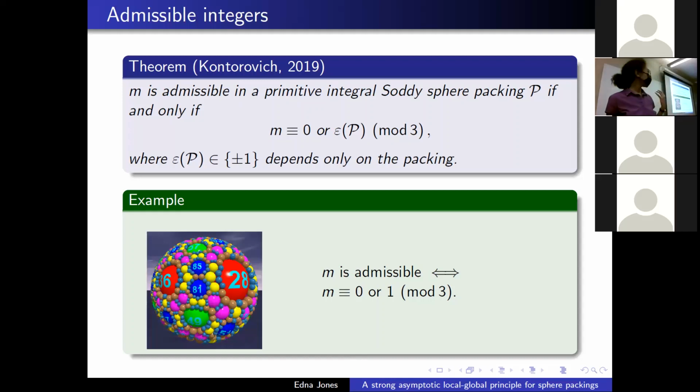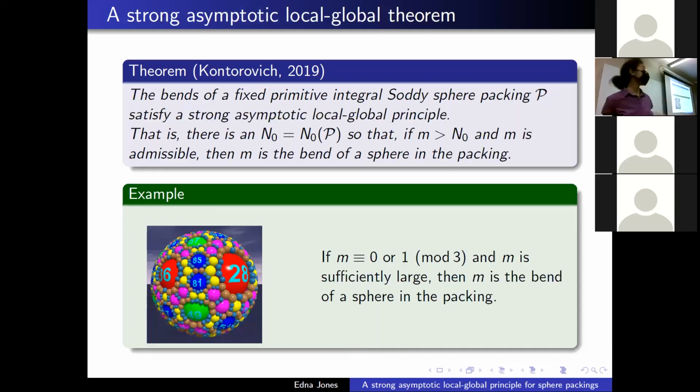And this something more is being sufficiently large. Kontorovich proved the strong asymptotic local-to-global theorem, which says that the bends of a fixed primitive integral Soddy sphere packing satisfy a strong asymptotic local-to-global principle.